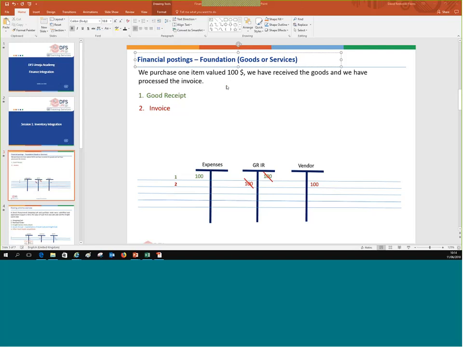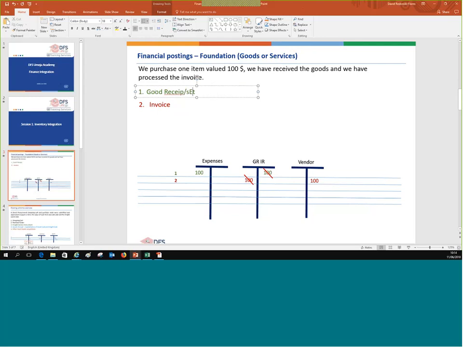If we are acquiring services, at the moment that the service entry sheet is processed, we will have a debit to expense account and a credit to GRIR. And at the moment that the vendor invoice is processed, we will have a debit to GRIR to clear it and a credit on the vendor account. That will be cleared later with the payment process.